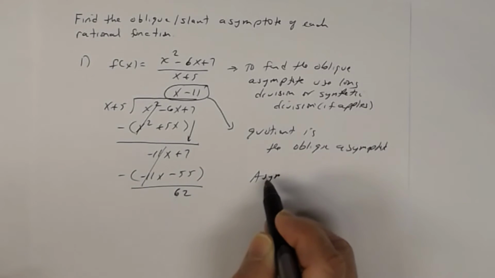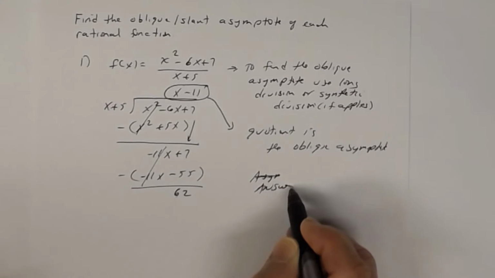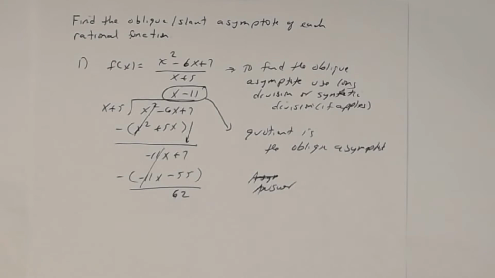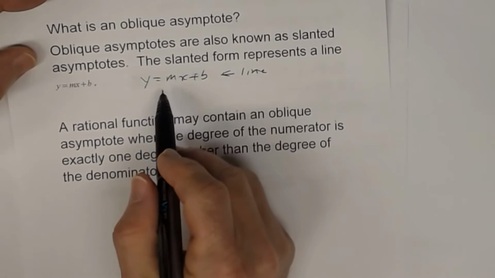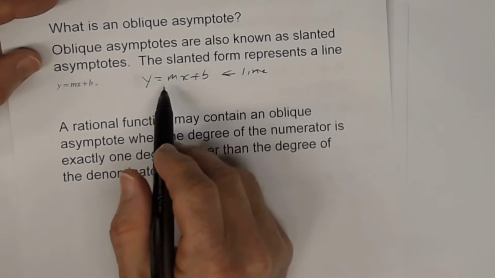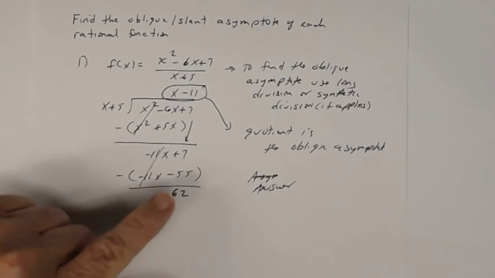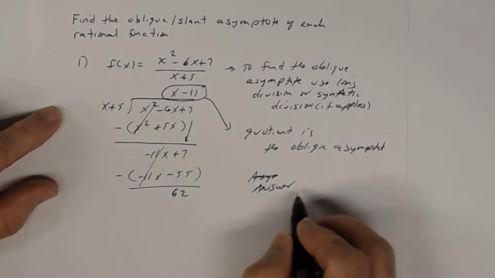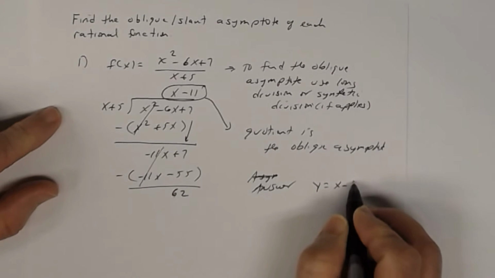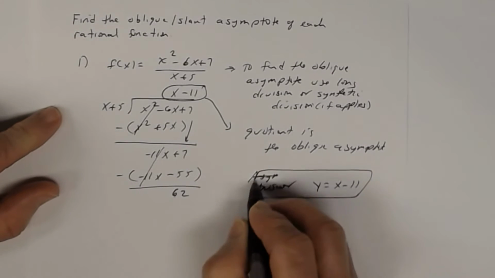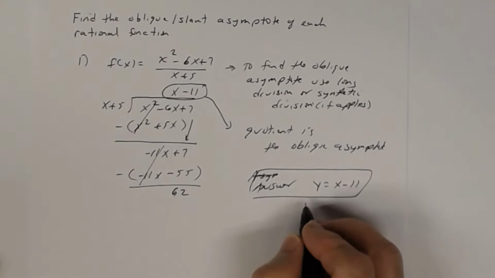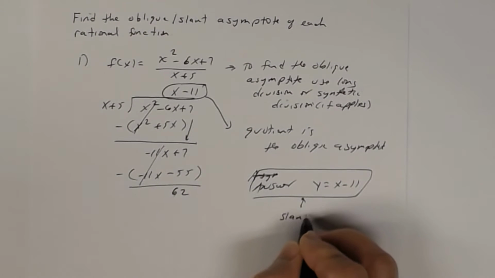Remember, when we had the discussion, the oblique asymptote is a line. So when naming a line, you're going to say y equals. So you're going to say y equals x minus 11. So answer, y equals x minus 11. And so that is your oblique asymptote. So that's the slant asymptote.